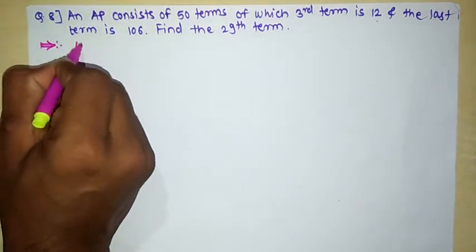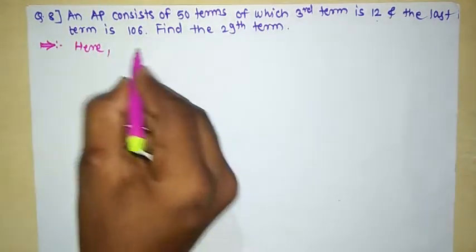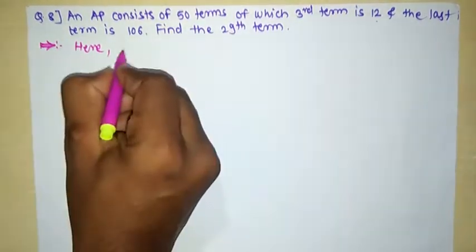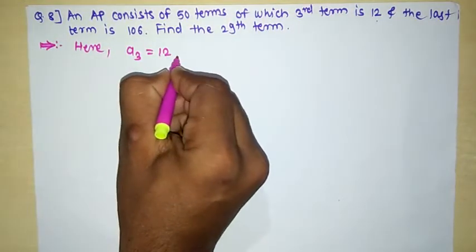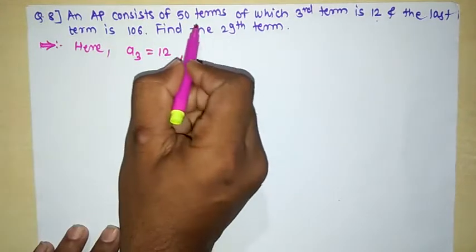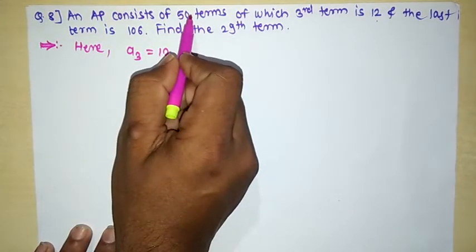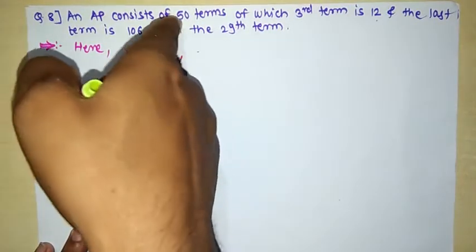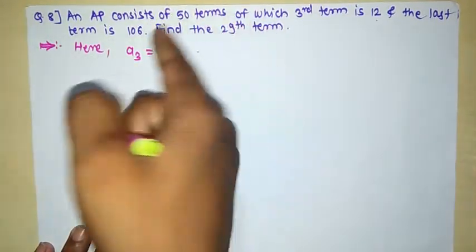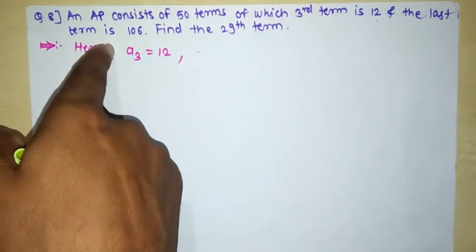See here, the solution. The third term, that is a3, is given as 12. A3 is equal to 12, and the total AP consists of 50 terms, that is n is equal to 50, and the last term is given as 106.